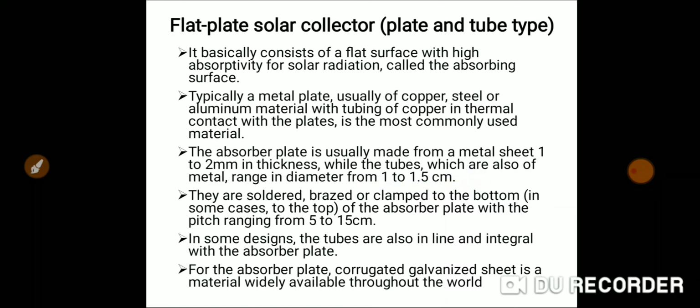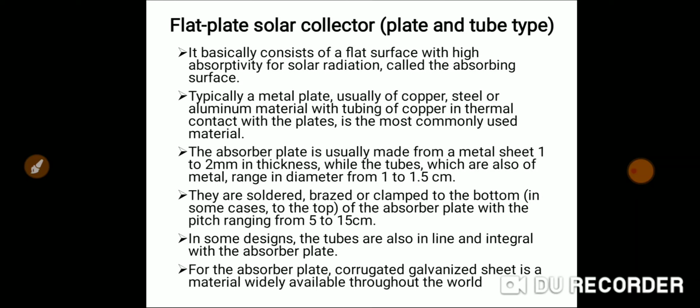So the pitching means spacing between the tubes. They are soldered, brazed or clamped at the bottom of the absorber plate with a pitch length of from 5 to 15 centimeter. So the distance between one row of copper tube to the next row is between 5 to 15 centimeter.